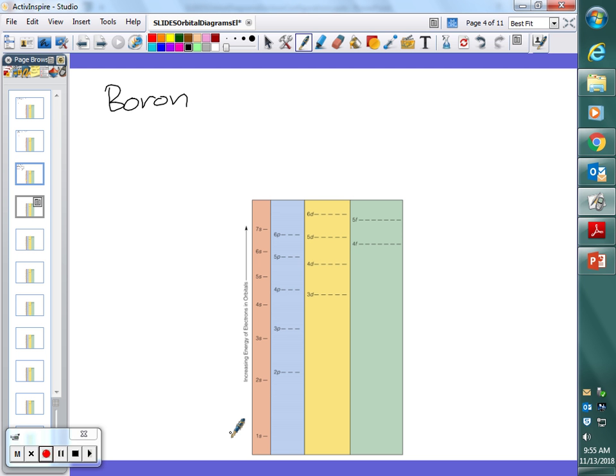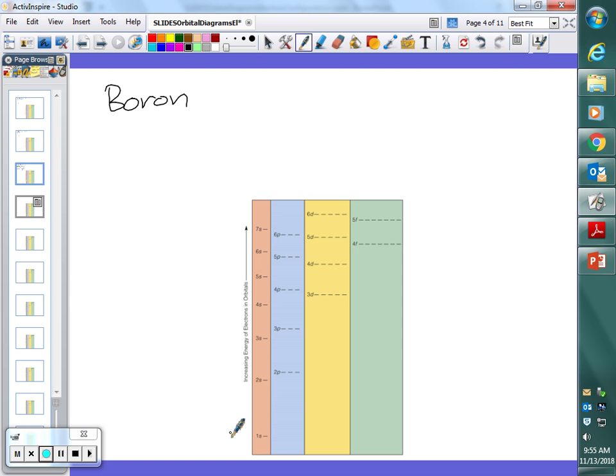Hold on. We'll get there, Claire, promise. All right, let's do boron first. Because Claire, it's much easier to identify the patterns when we have less electrons to worry about, but we'll see that as we add more and more electrons, the pattern holds. It's just a matter of having more arrows, right? There's a pattern of how these go and how they get filled up and stuff like that, okay?